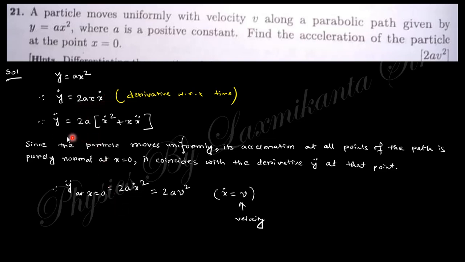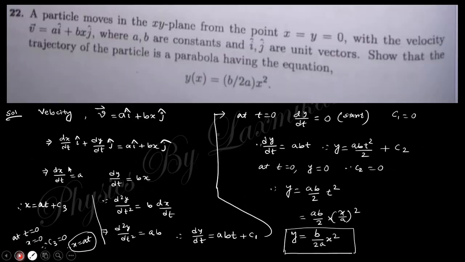Taking the derivative again, y double dot is 2a x dot square plus 2a x x double dot, right? So the acceleration of the particle at x equal to 0, if you put x equal to 0, you will get 2a x dot square, and x dot is nothing but the velocity, so this is velocity square. So the acceleration at x equal to 0 equals 2a v square. Simple. Next question.